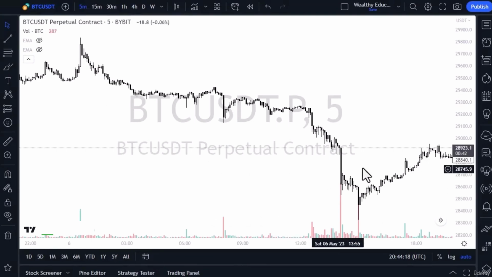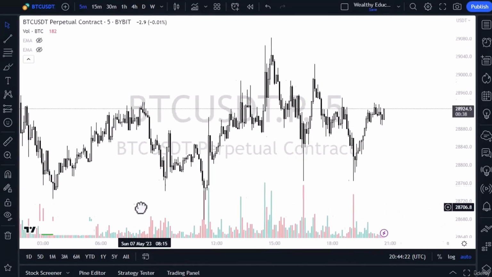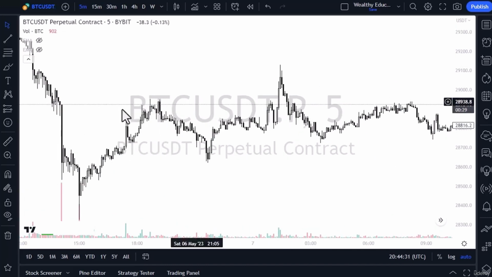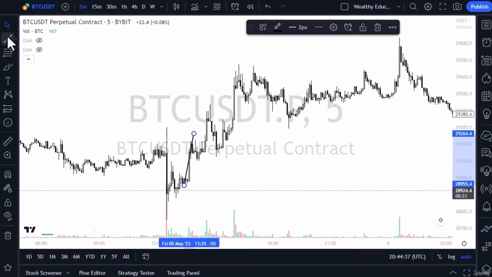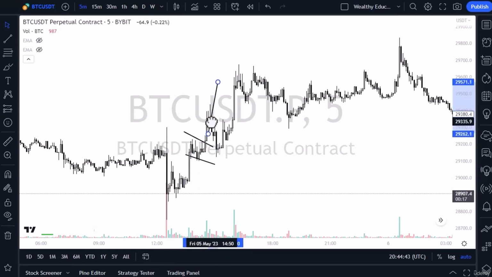Let's go back to Bitcoin. There's another bearish flag. You can see there and there. Here's a bullish flag. You can see it did hit that target.